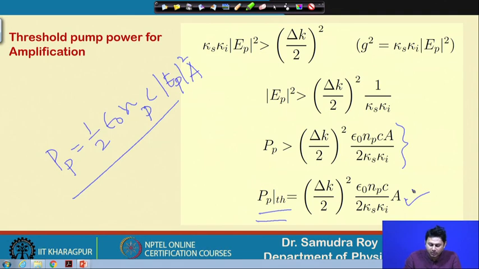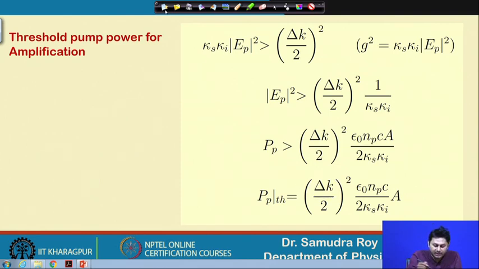The signal is going to amplify when my pump has some threshold value, and this threshold value of pump is directly proportional to the square of delta k. That means, if the phase mismatch is large, then we need to put more and more pump to get the amplification of the signal power. So, some kind of restriction is here through delta k, that we need to take care of.